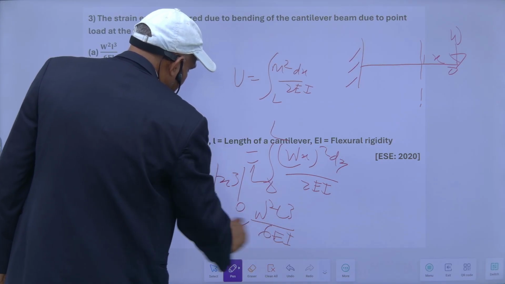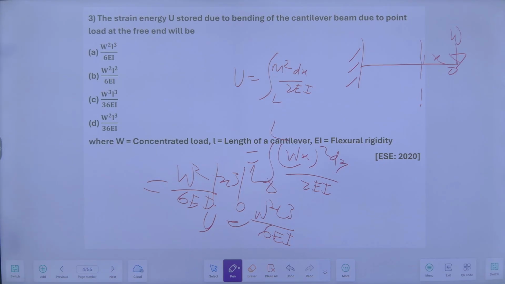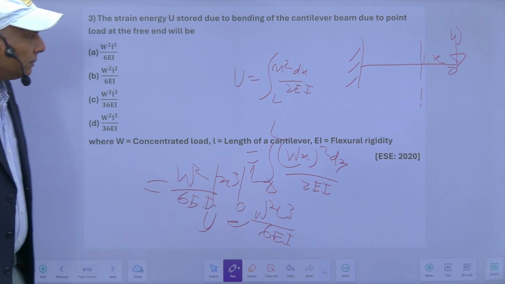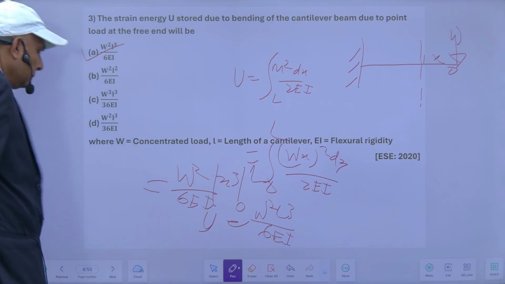This is the strain energy stored. So the answer is this one.